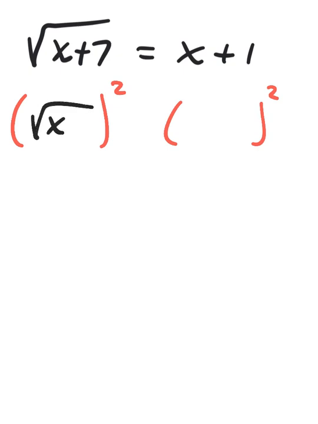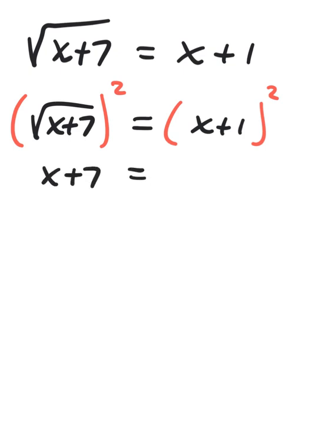Your square root and your square will cancel one another. So that gives us x plus 7 is equal to, now you got to be very careful here. X plus 1 quantity squared, that means there's 2 of them.